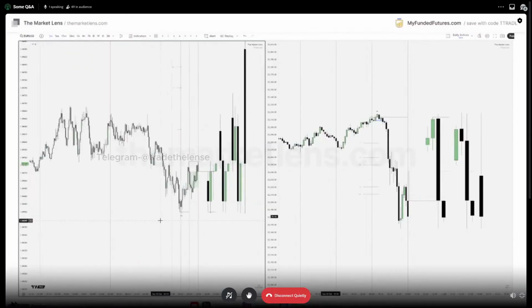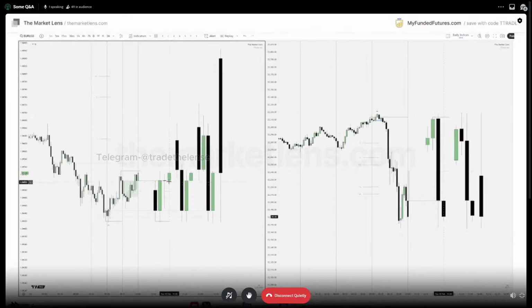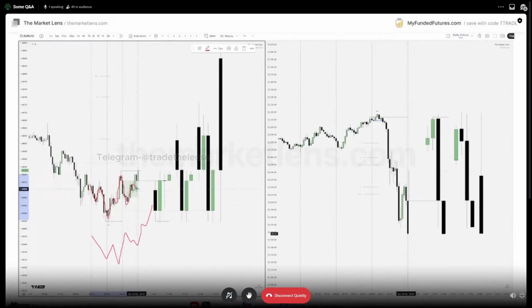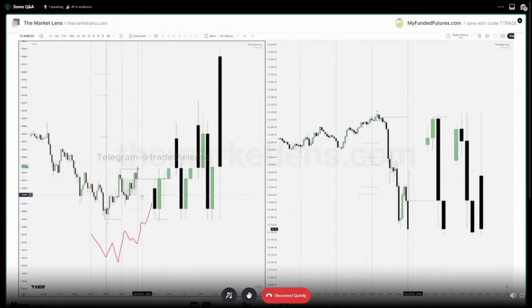So I don't really like this structure in here. Like it is just a bit messy, right? Like my favorite structure is just that, right? And if you look here, we have that down. Sure, you can have the little up move, but it's just a little bit weird, right?